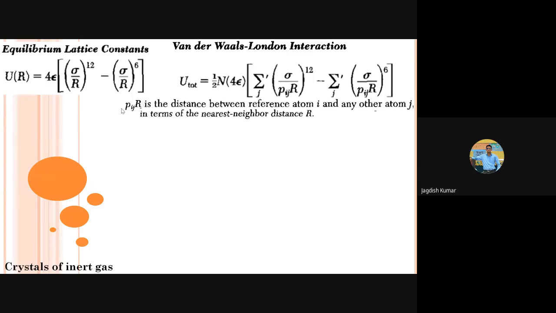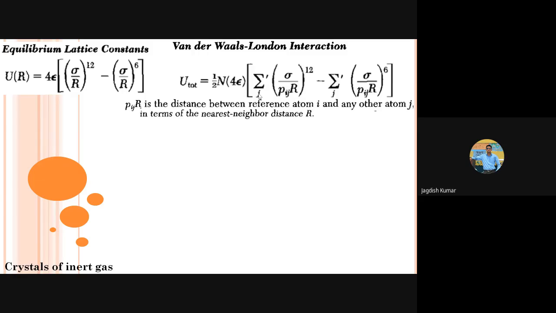Now you see, p_ij times r is the distance between the ith atom and the jth atom. For a nearest neighbor, what will this be? r only. For the next-to-nearest neighbor, p_ij will be root 2. But for the nearest neighbor, p_ij will be 1, so it will be 1 by 1 raised to the power 12. But there will be 12 terms, not because of this 12, but because there are 12 nearest neighbors.